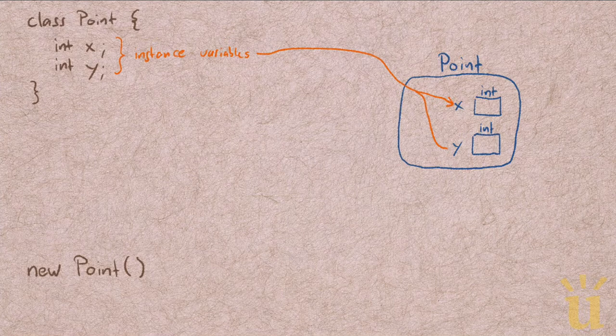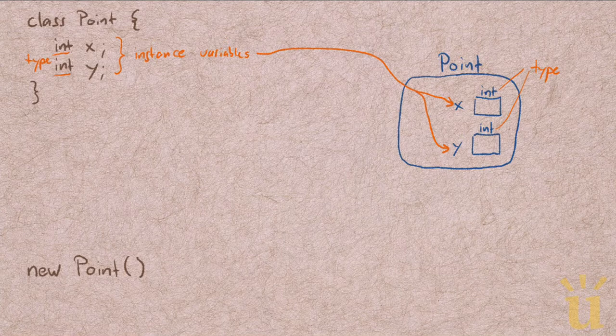So those two are our two instance variables. The instance variables have a type here. Type of those two is int, and we see the same thing here. We have the type of those variables, and they have a name x and y. We see the name x and y.